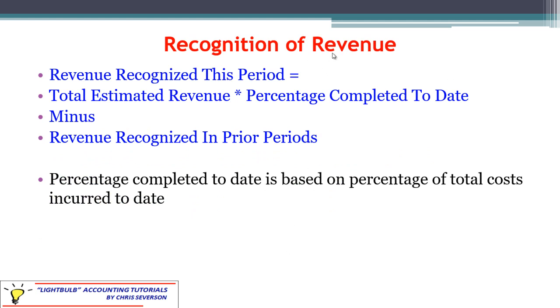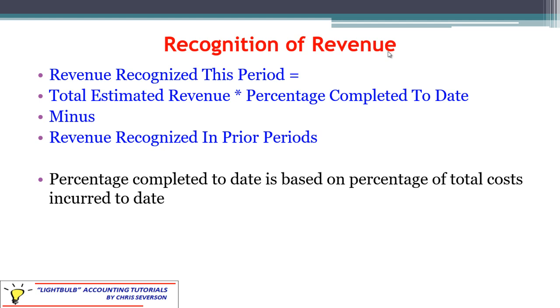Now, I do want to mention, this slide is essentially the same, only now we're talking about revenue, because that same percentage of completion applies both to the calculation of gross profit and the calculation of revenue. That being said, if you know either gross profit or revenue, because you already know cost, you're going to have to know cost.